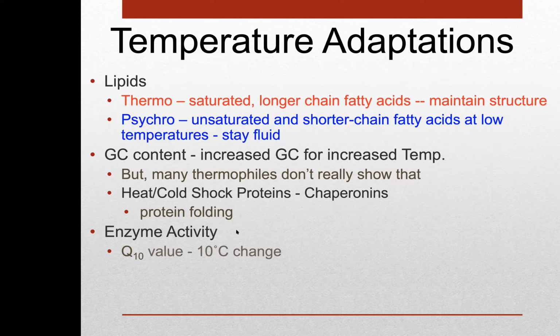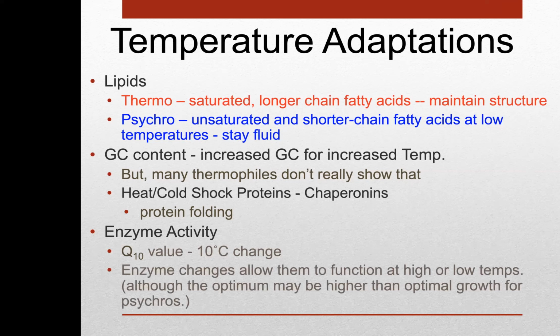And so we measure the activity of enzymes using the Q10 value. You guys learned about that in any of your chem classes, maybe. So that's the change in the activity of the enzyme for a 10-degree temperature difference. So typically you end up seeing an increase in activity as temperature increases, but then it hits a threshold and it crashes.